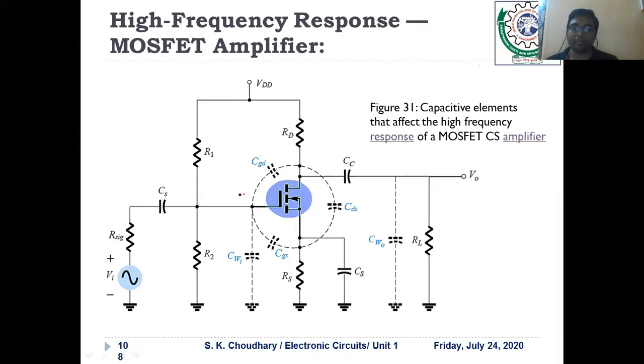The capacitance between the gate and drain, CGD, has a very small value and appears only in the high frequency region. Then the capacitance between the drain and source, CDS, and the capacitance across the gate to source terminal, CGS. Similarly, there is the wiring capacitance between this wire and the ground, and the wiring capacitance in the output network also. So these affect the high frequency voltage gain.